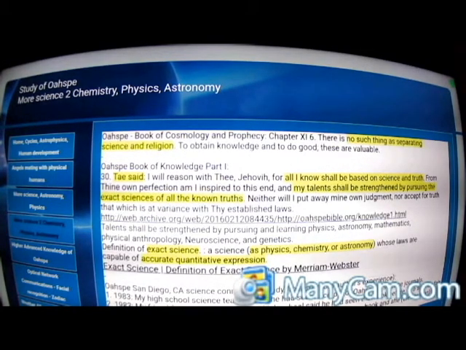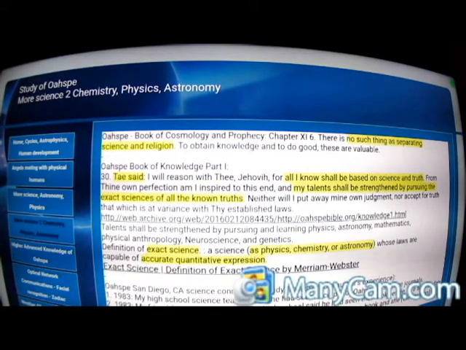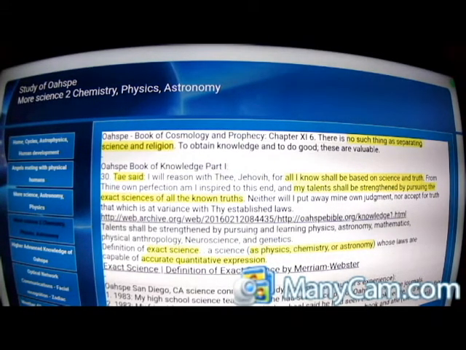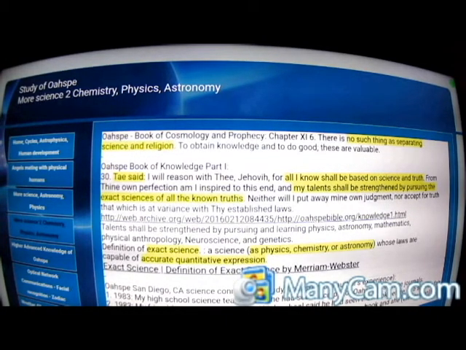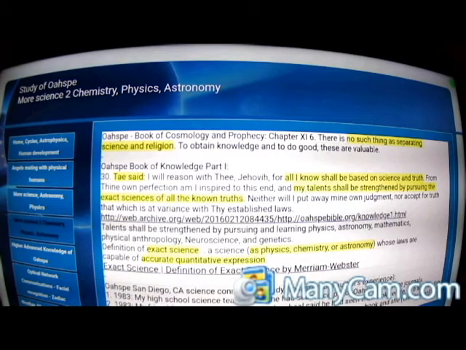Today's subject shall be elements, creation, general relativity. Now, starting out on the study of Oahspe.com page, More Science 2, Chemistry, Physics, Astronomy.